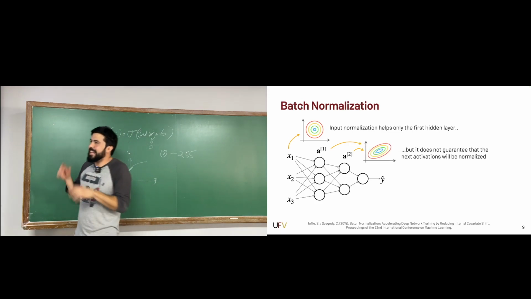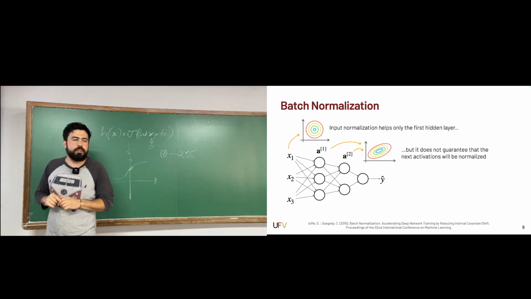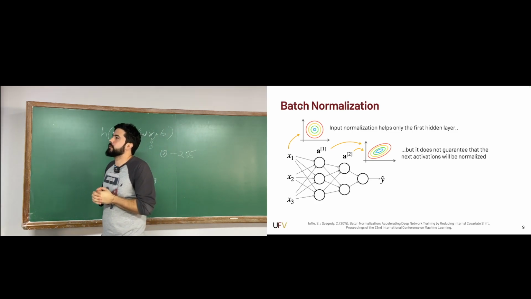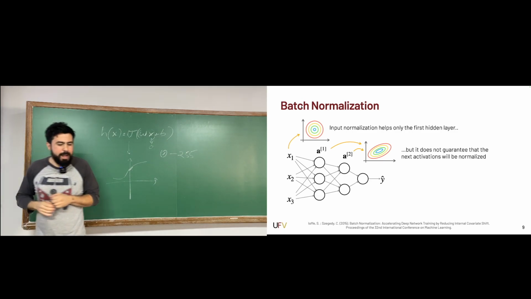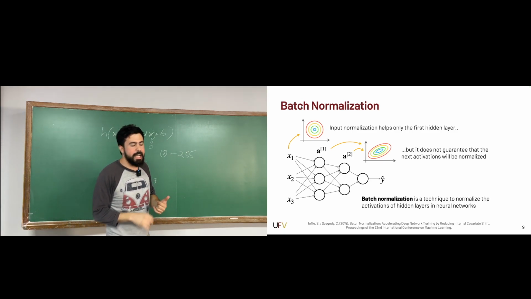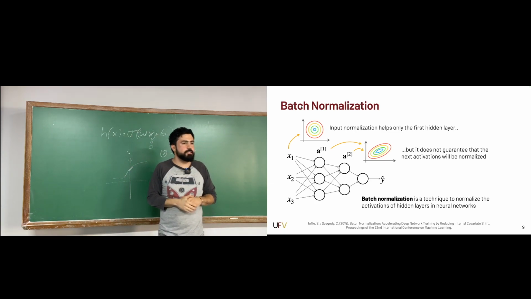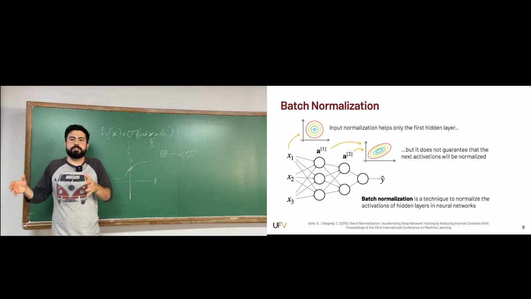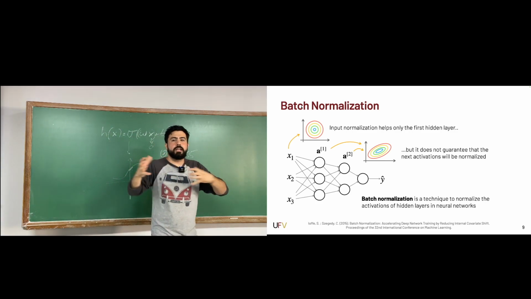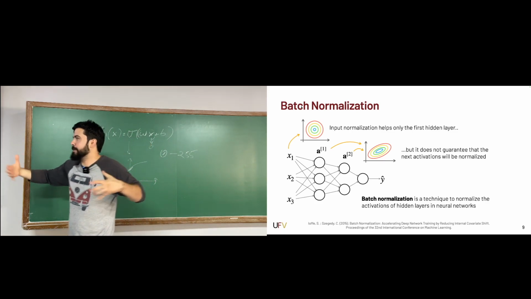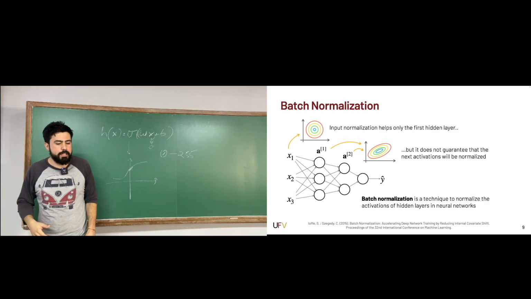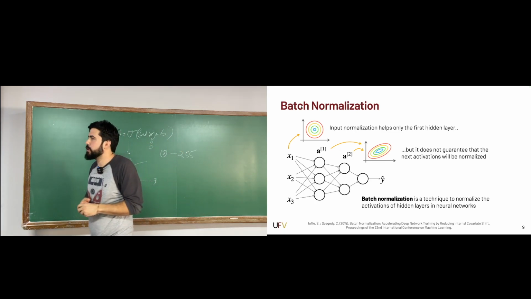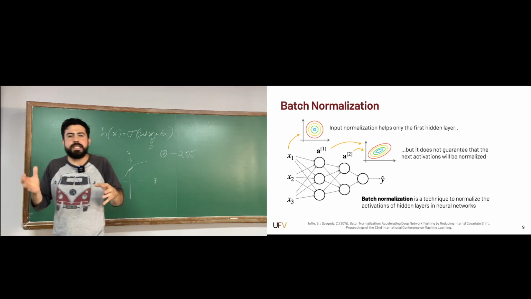Because that doesn't guarantee that the activations of the next hidden layers will be normalized. So the whole idea of batch normalization is to normalize the activations inside the network, to make sure that after every hidden layer you get your activations rescaled. By rescaling and normalizing all your layers, the whole training will become much faster and more stable, numerically speaking as well, because the gradients look much nicer.